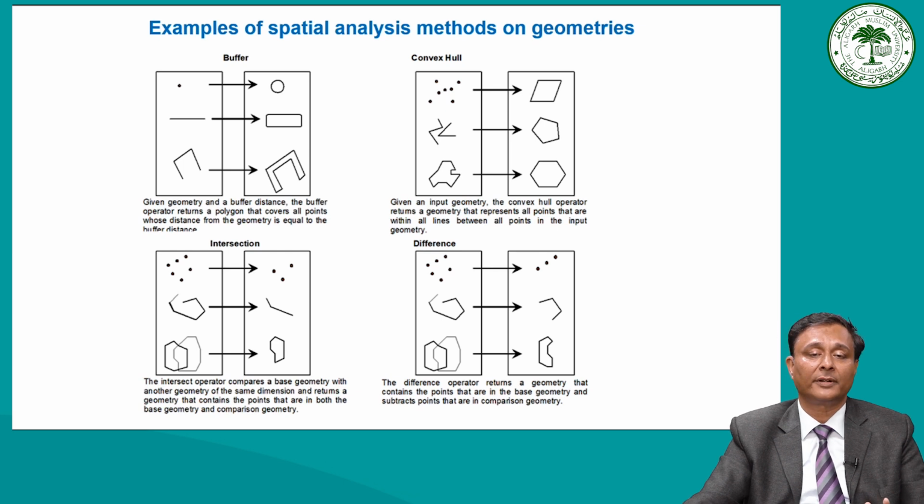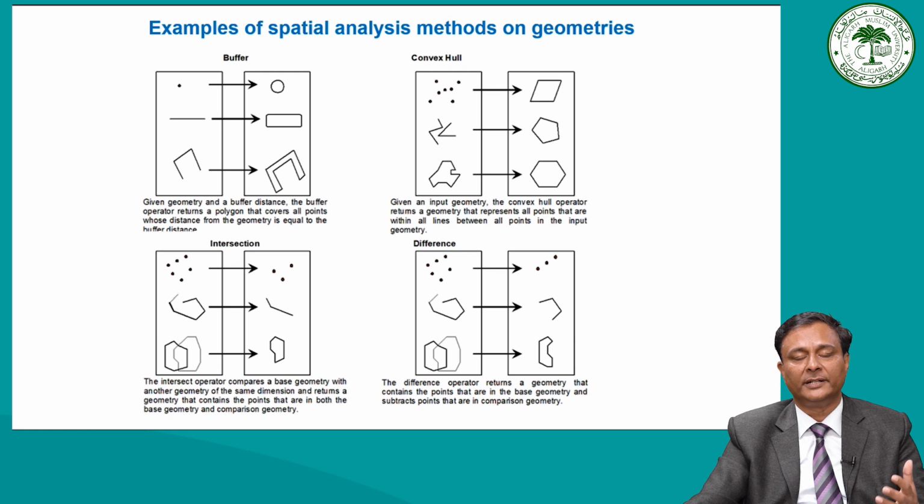On the contrary, convex hull, a geometry representing the smallest polygon that can enclose another geometry without any concave area. You see the example here and how different geometries are being produced with the kind of relationship.